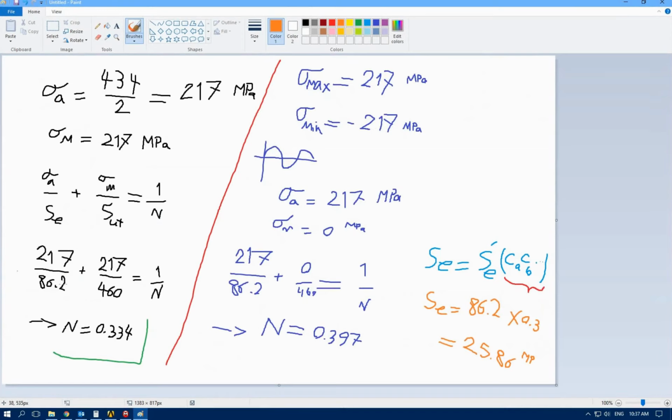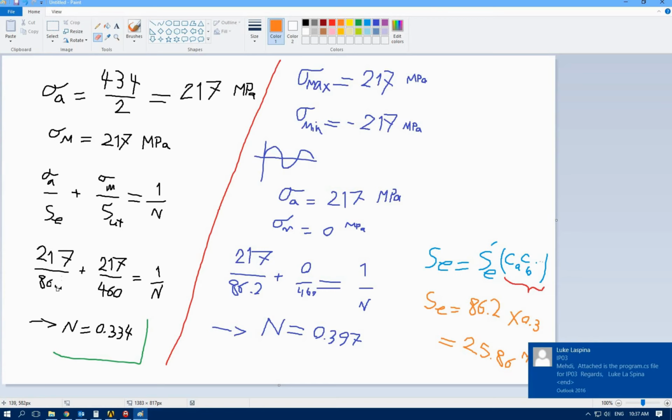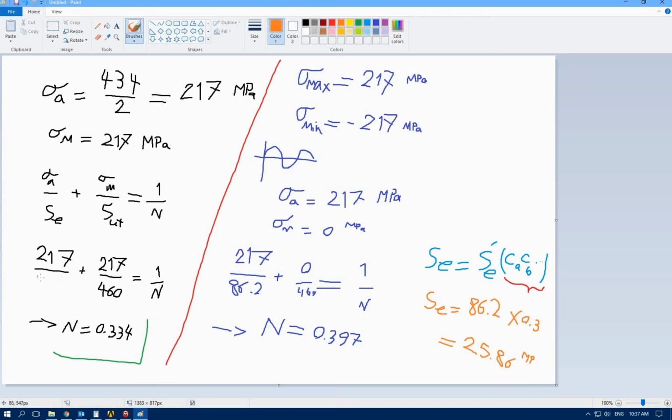I'm going to change this 86.2 to the new endurance limit, which we just calculated, 25.86, and this safety factor should change, and it is going to be 0.112.